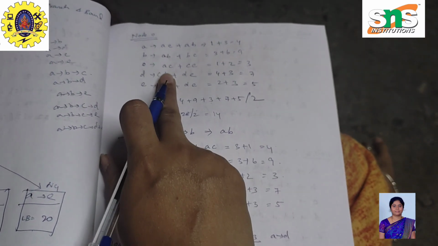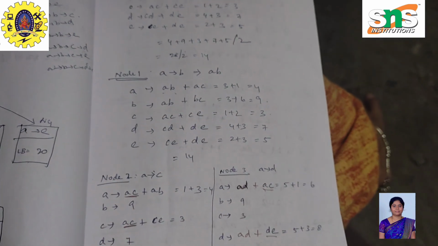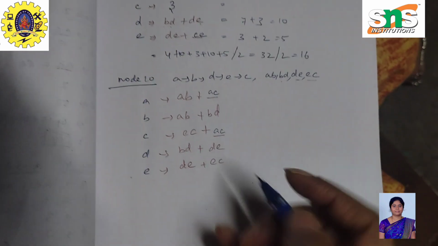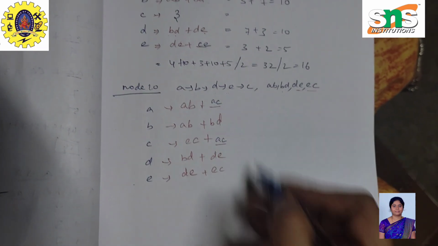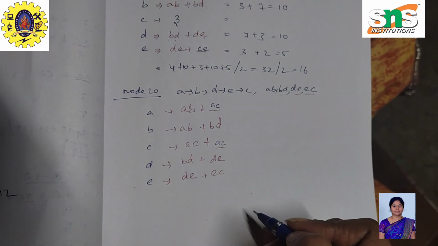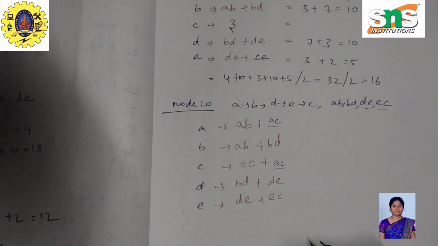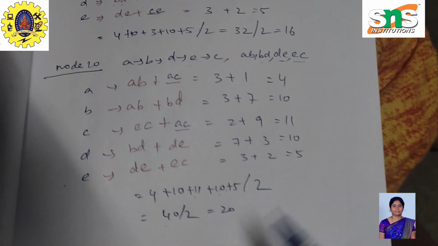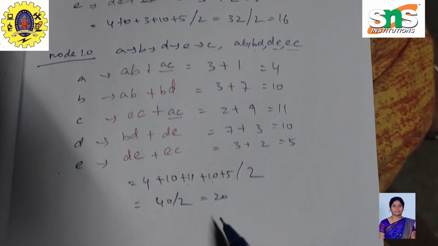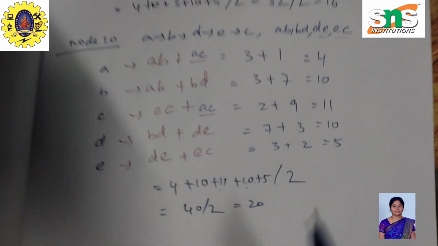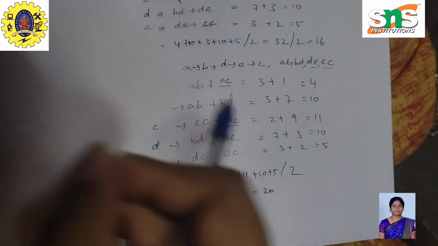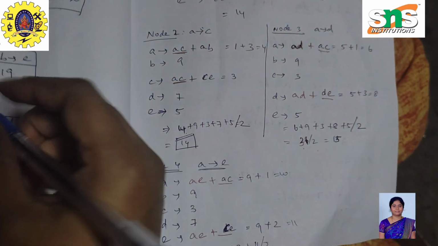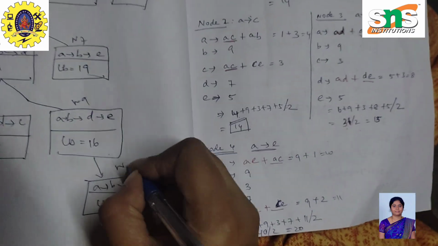Next remaining end value is AC. So AC is written, and the values we have to substitute and identify the lower bound value for this particular sum. So the values are calculated, and we have 40 divided by 2, and the value is 20, and this lower bound value is substituted in the node 10. So this is node 9 and this is node 10.